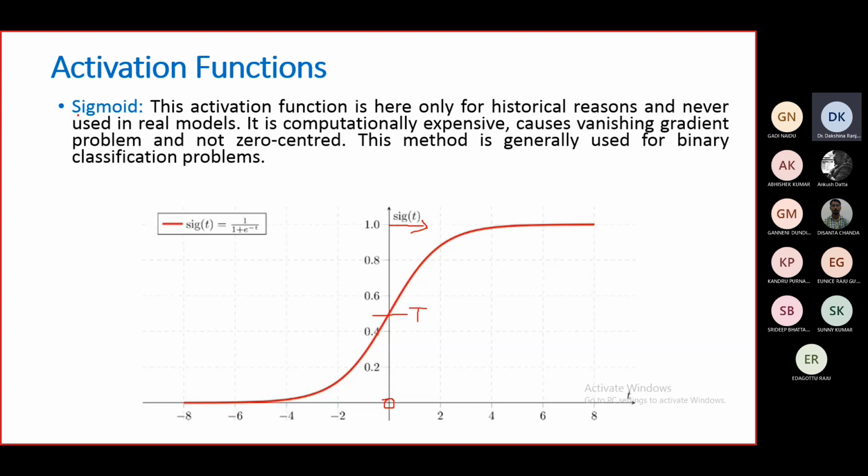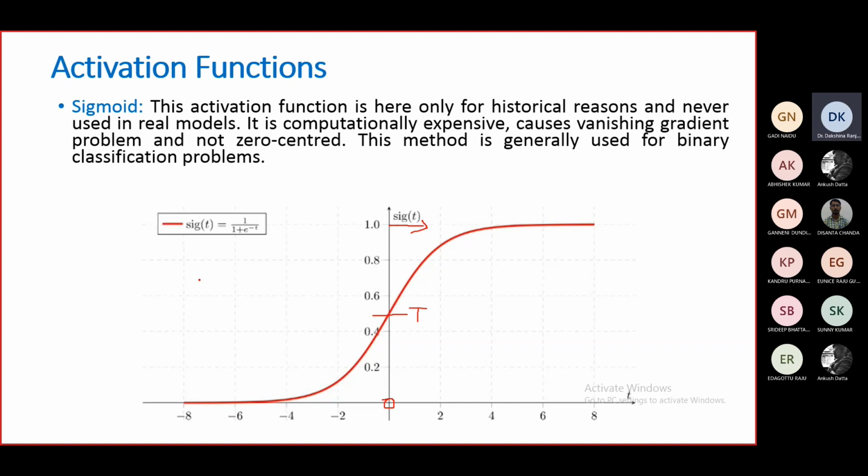So this activation function, this sigmoid function, is found to be differentiable between any two points. And this function is also a monotonic function, but the derivative of this function is not monotonic. Okay.